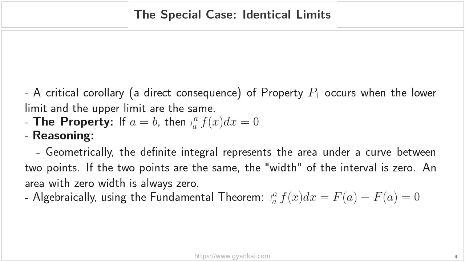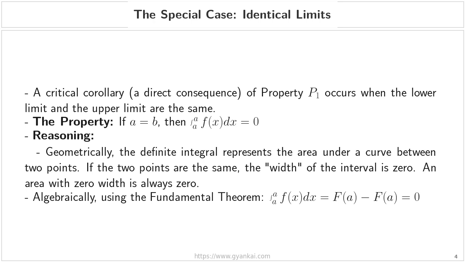Now let's look at it algebraically, using the fundamental theorem of calculus, which we touched upon earlier. The definite integral of f of x dx from A to A is equal to F of A minus F of A, where F of x is the antiderivative of f of x. But of course, anything subtracted from itself is 0. So, F of A minus F of A equals 0.